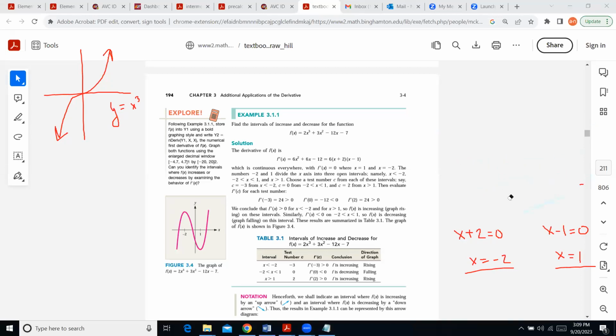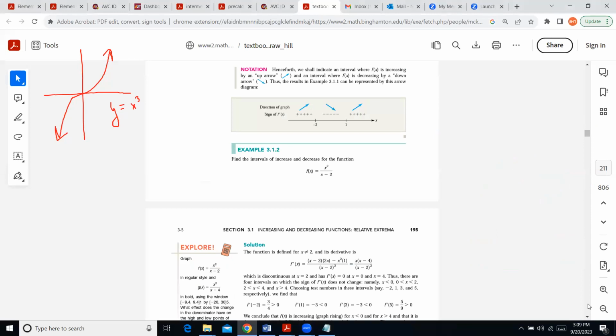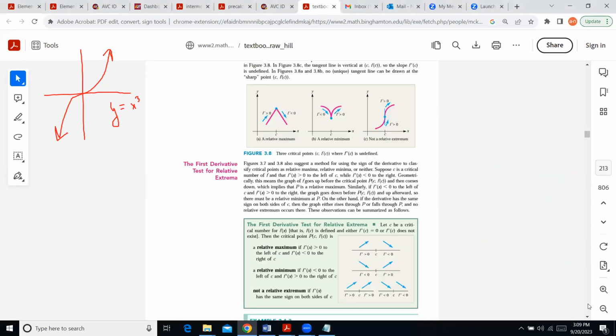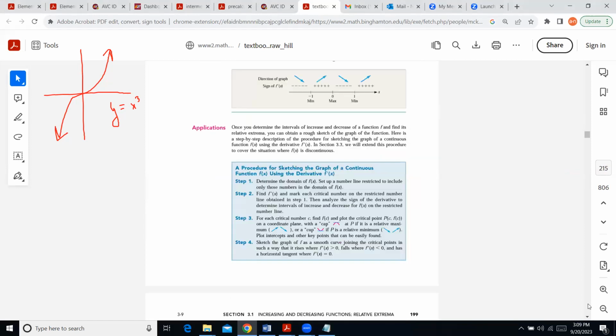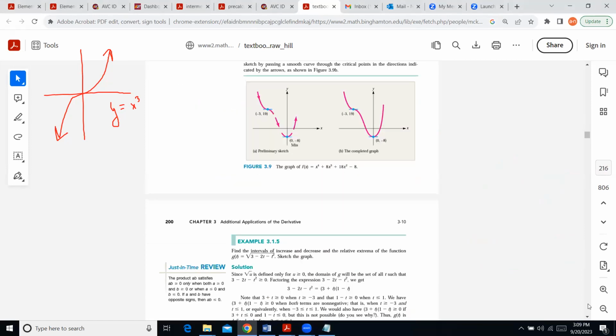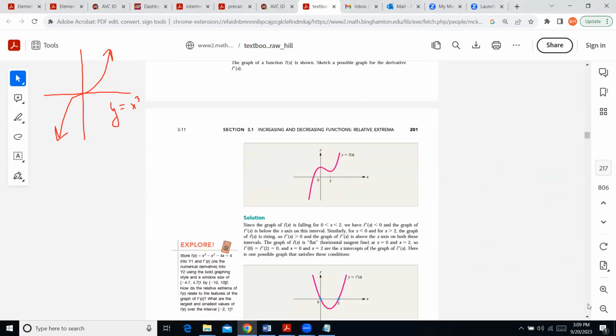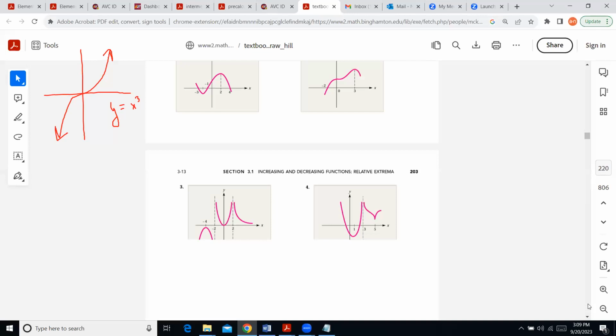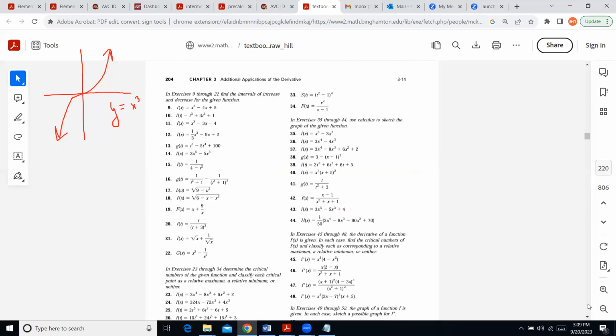And that's really all it is that we have to do to graph various functions. So the key idea for us now will be taking derivatives and making them equal to zero. So let me go to the exercises here.